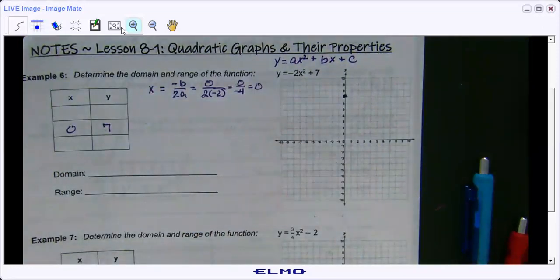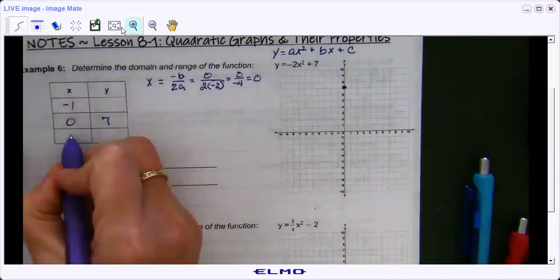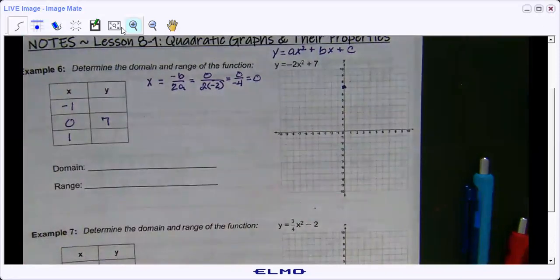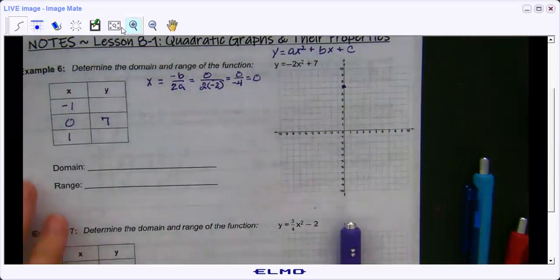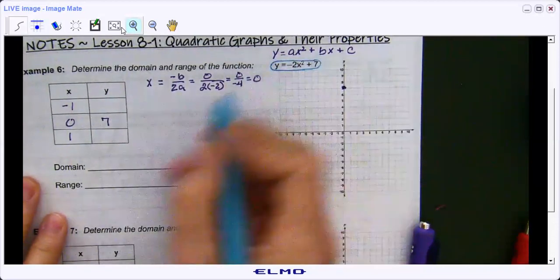Now what I'm going to do is go down 1, and I'm going to solve for x = -1, and I'm going to go up 1 and solve for x = +1. Okay. So let's do that. We're going to take this equation right here and we're going to plug in our two x values.